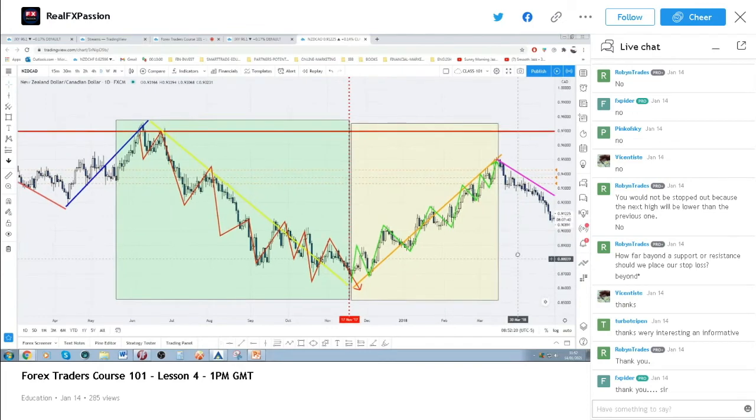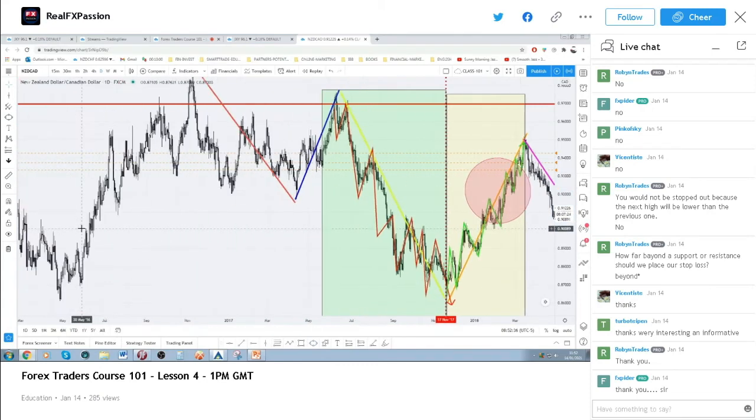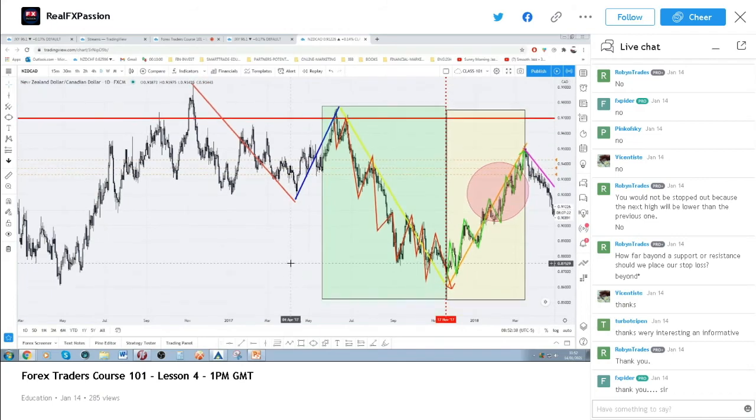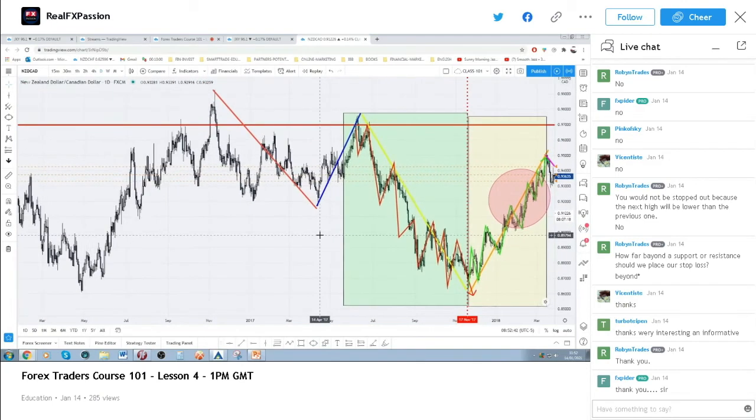Because if we take this example here, everybody, what did we really trade? We were trading a down retracement. This is one of the critical lessons. We were trading a down retracement.